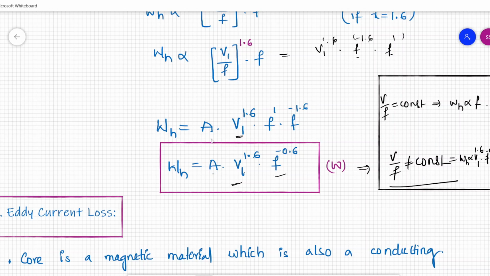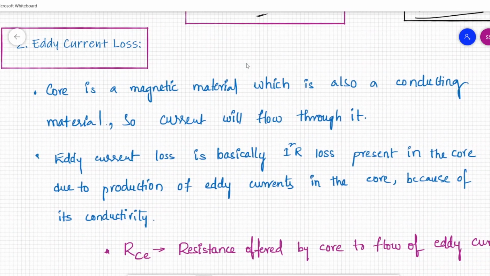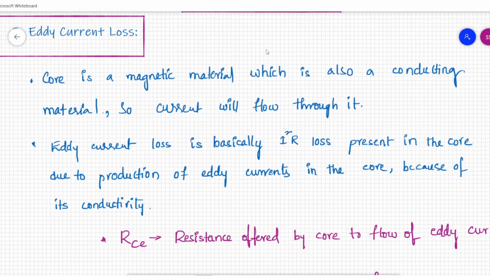Now let us see the second loss in iron losses, that is eddy current loss. As we know, the core is a magnetic material as well as a conducting material, because it is made up of silicon. The flux flowing in the core will also cut this steel material.